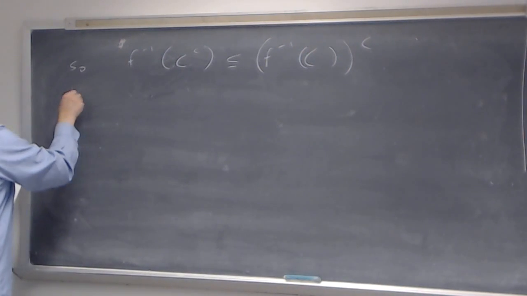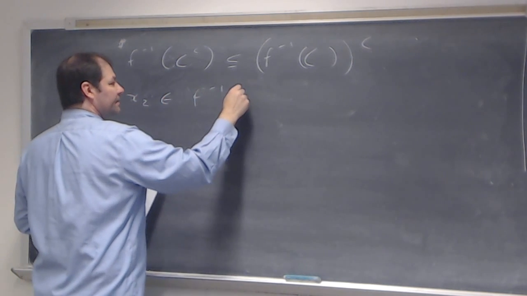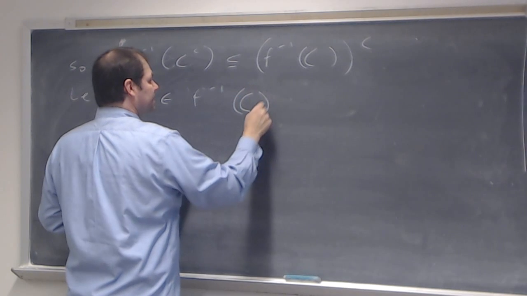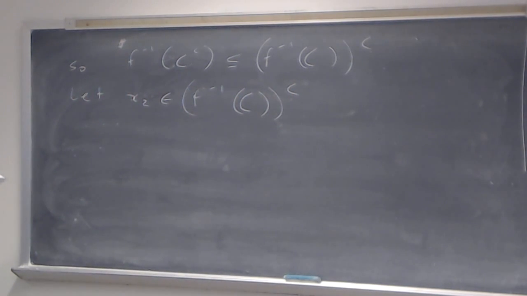Now, let's let x sub 2 be an element of the complement of the inverse image of C. Okay.